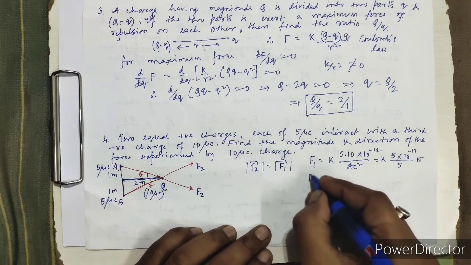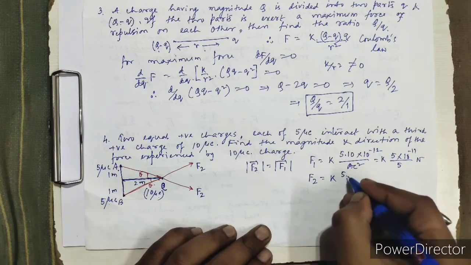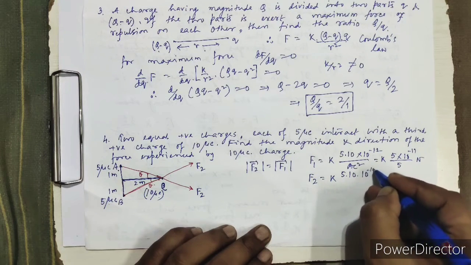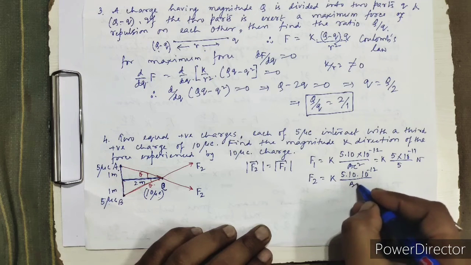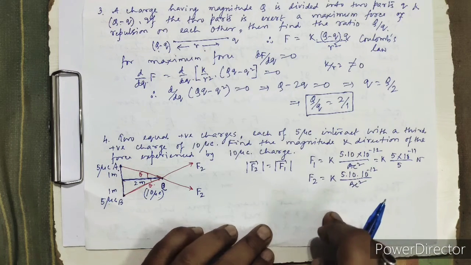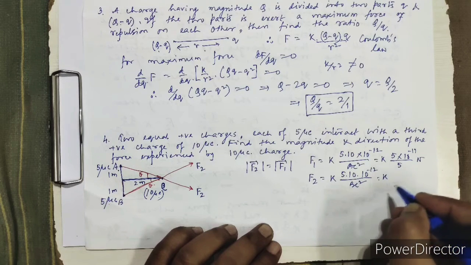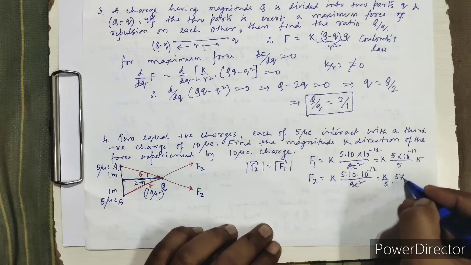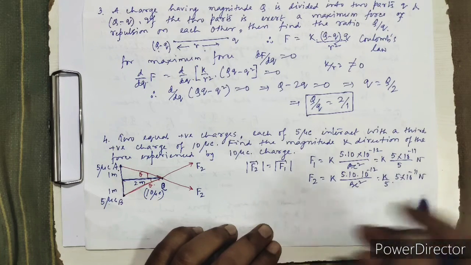F2 also equals K into 5 into 10 to the power minus 12 by BC square, equals K by 5 into 10 to the power minus 11 Newton.